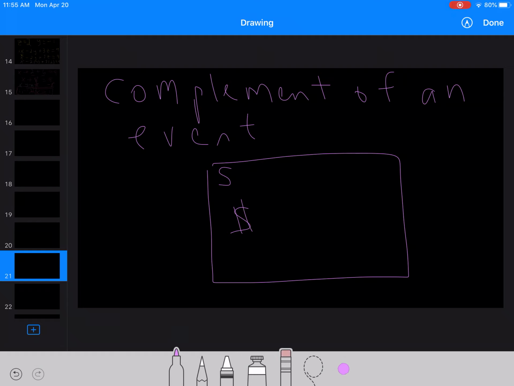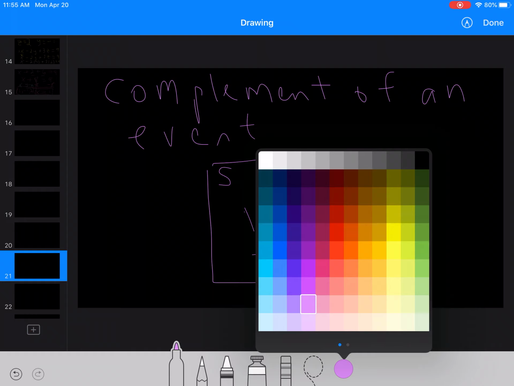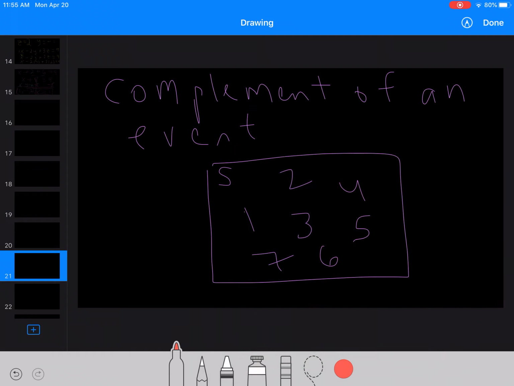Let's actually make it numbers. So I have a 1, 2, 3, 4, 5, 6, 7. So I have those 7 values. Then I have a set within my sample space, let's call that set A, that has 3, 5, 6 in there.